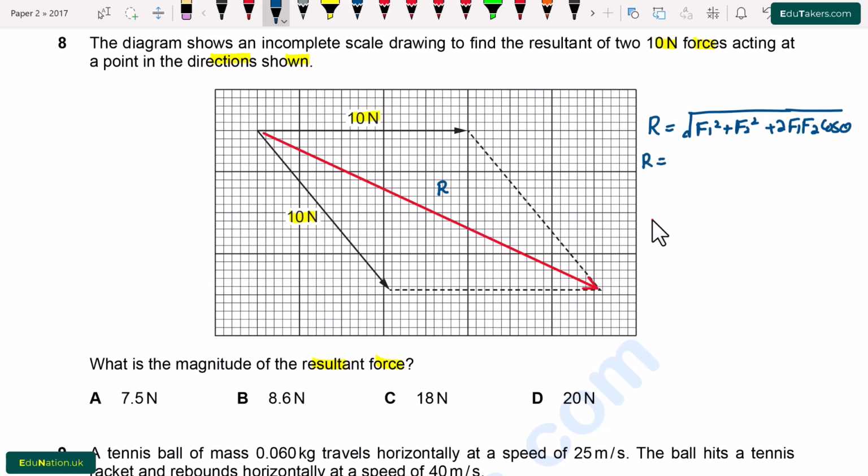So resultant will be equal to 10 square plus 10 square plus 2 times 10 multiplied by 10, and there will be cos of 45 degree because the angle between both of these is 45. The resultant then will be equal to 18 Newton. Now we see the options. Option A 7.5 Newton, B 8.6 Newton, C 18 Newton, D 20 Newton. From here, option C is correct.